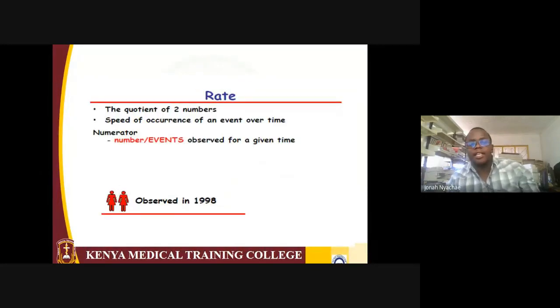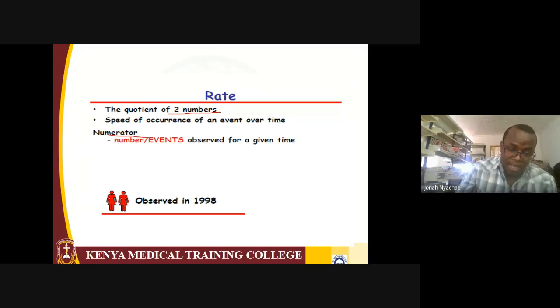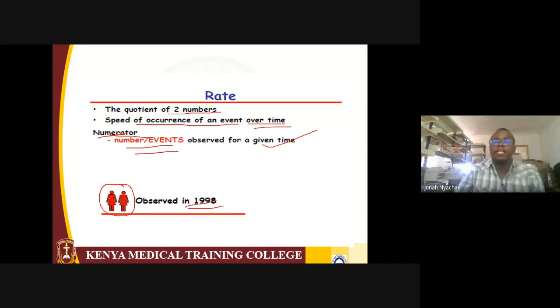Then we also have the rate, which is another important thing that we have to know. The rate is the quotient of 2 numbers, the speed of occurrence of an event over time.